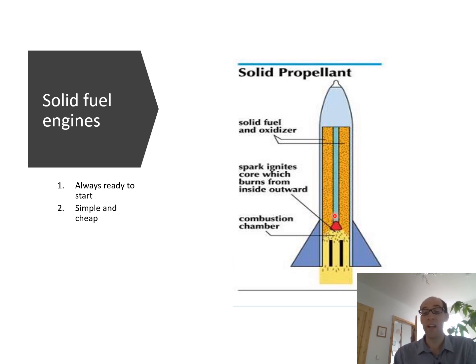They're simple and they're cheap because there isn't a lot of auxiliary equipment. You don't need a lot of pumps or refrigeration equipment to keep the fuel in place or move it into the engine. They're very basic. As I said, they are ideal for missiles, and a lot of missiles do have solid fuel rockets, particularly short-range missiles, air-to-air missiles, surface-to-air missiles, that kind of thing.